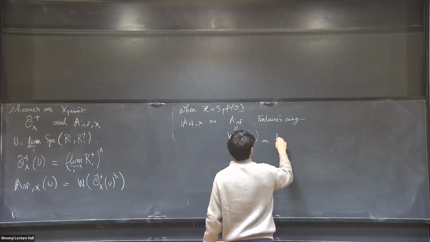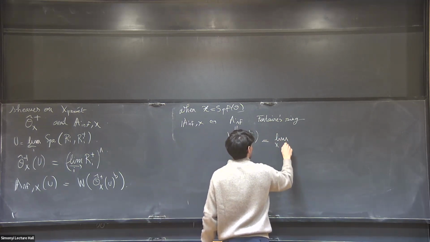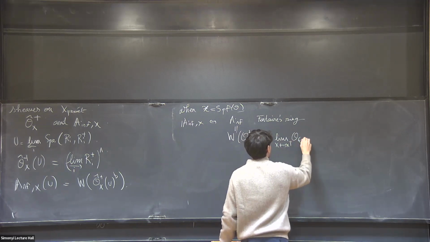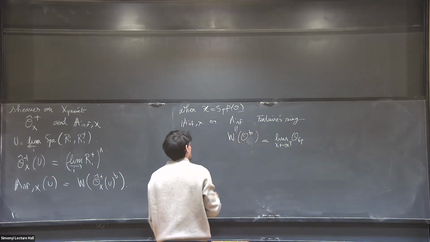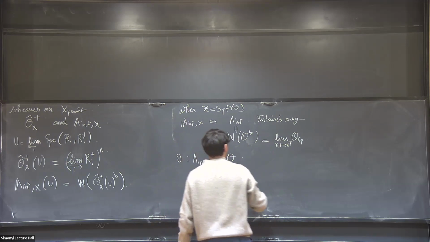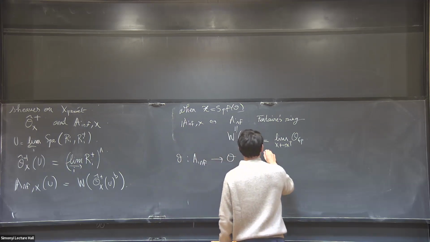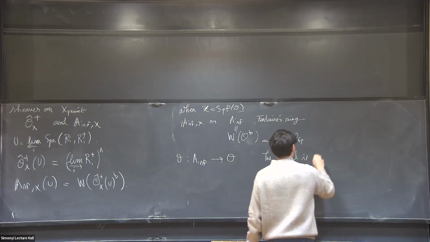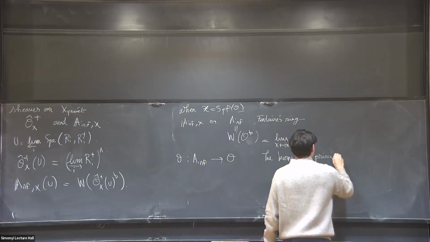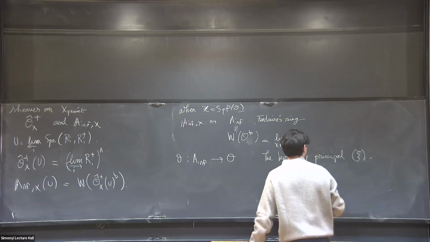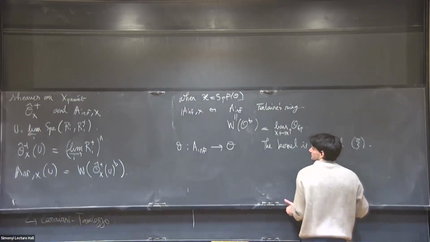But you can also describe this as the limit under x goes to x to the p of O_C, and so you have a map usually denoted theta from A_inf to O, and the kernel of this map is principal, generated by xi, which is usually denoted by xi.